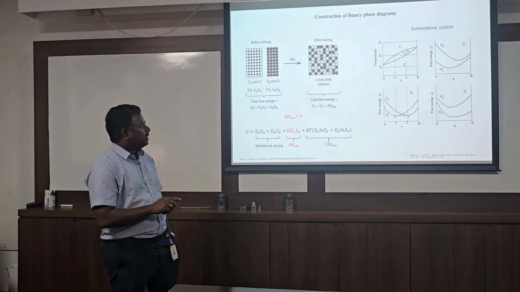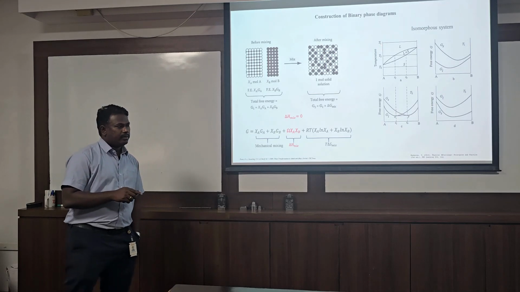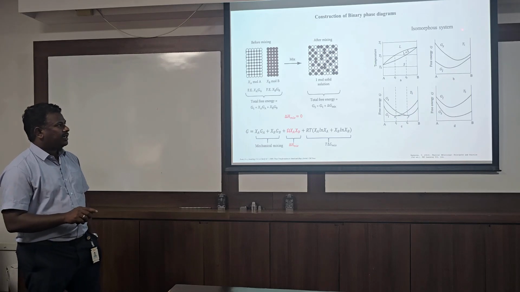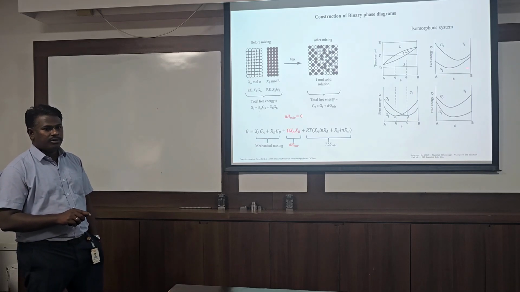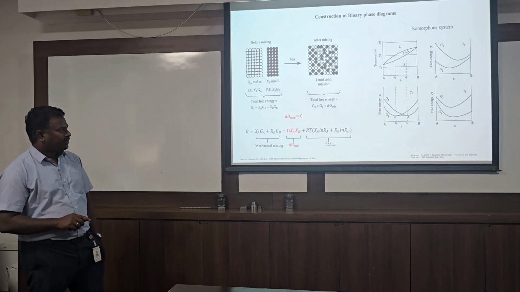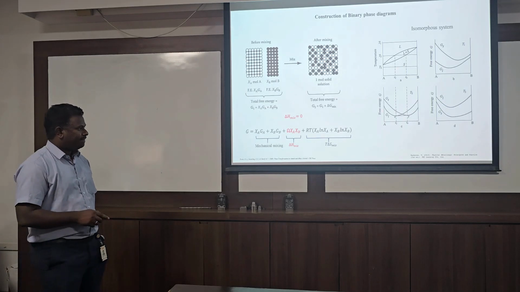Here and here, this is called isothermal G-X plots. At a constant temperature we are plotting the G versus X composition plots. Whatever is the lowest energy is more stable. That is the bottom line.